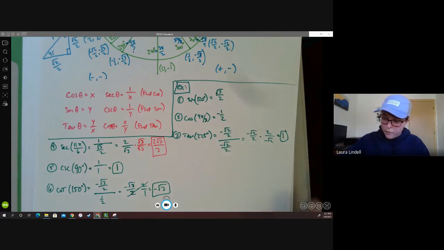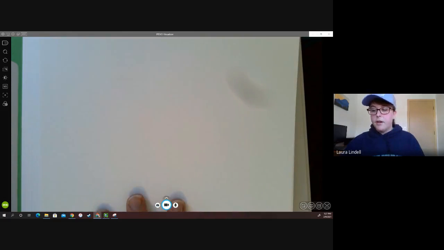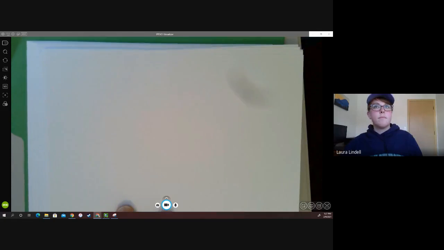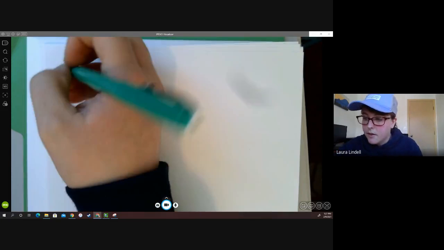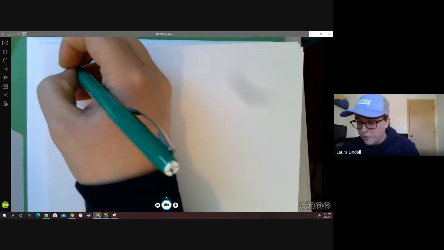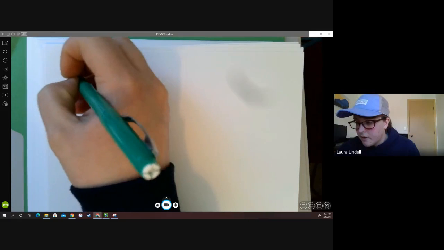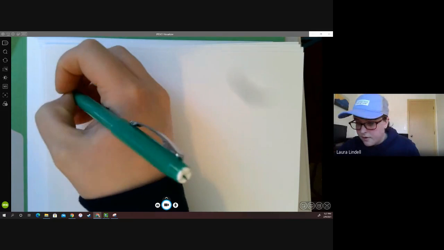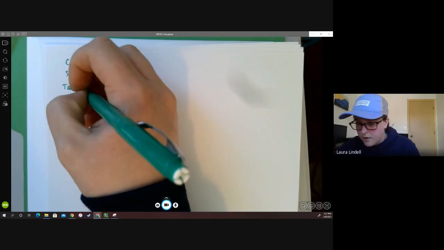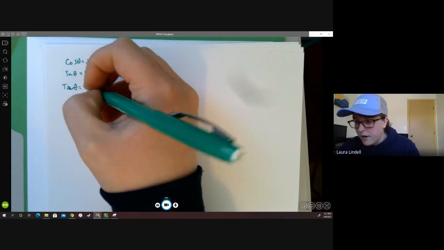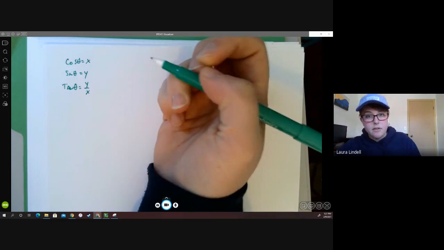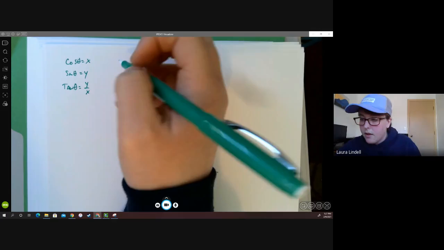So the second kind of question that we're going to be asked today and tomorrow and throughout the week is this kind. But before we get to that kind, I'm going to rewrite at the top. Cosine is x, sine is y, tangent is y over x, or rise over run. You can kind of think of it because tangent also is kind of the slope.